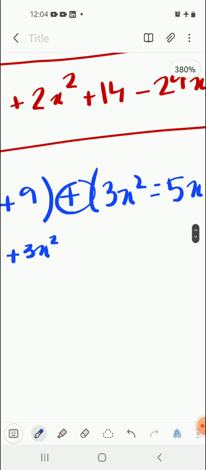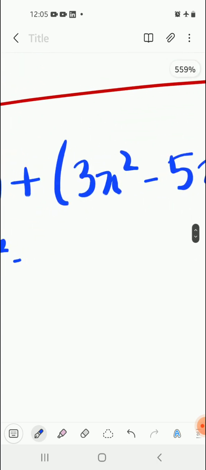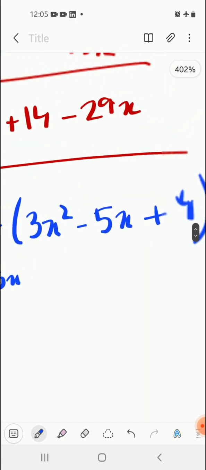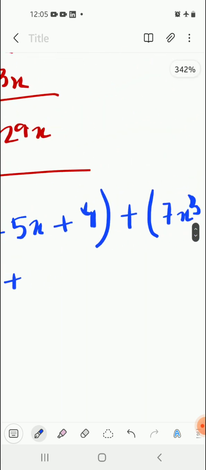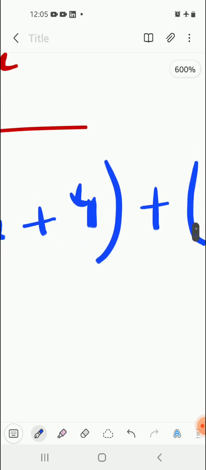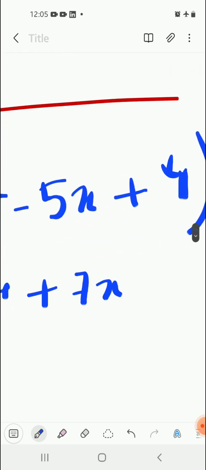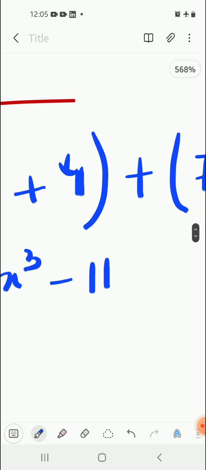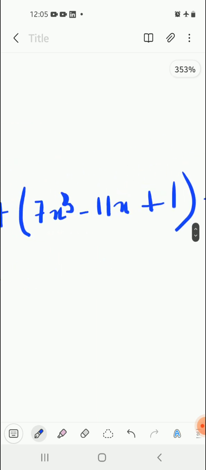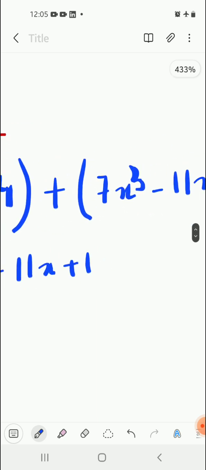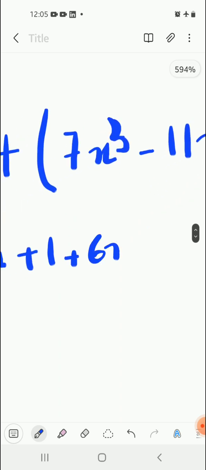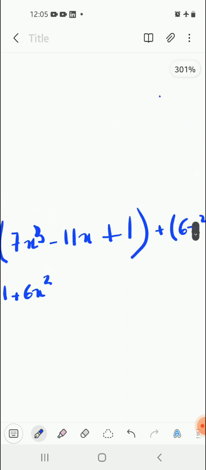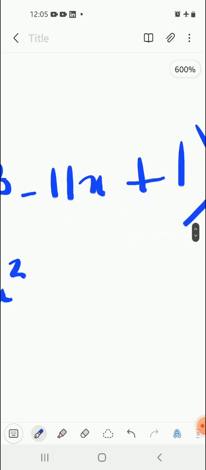Again plus into minus, it will remain minus 5x plus 4. Again plus 7x cubed minus 11x plus 1 plus 6x squared minus 13x.